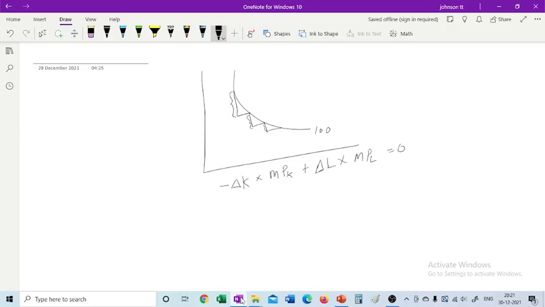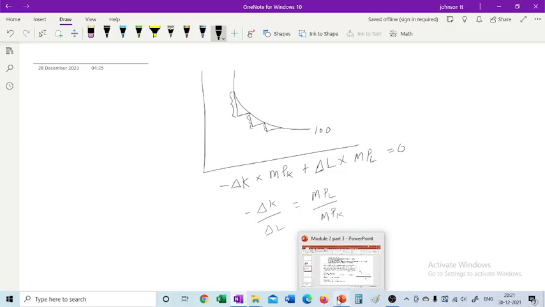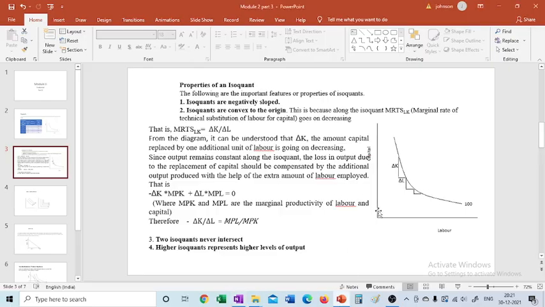So when you rearrange this equation, you will get minus delta K divided by delta L is equal to MPL divided by MPK. So what is delta K divided by delta L? In the diagram, delta K by delta L is the slope of the isoquant.